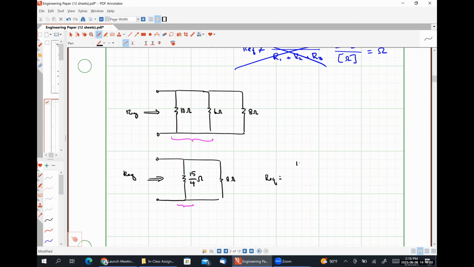is going to be 15 over 4 times 8 over 15 over 4 plus 8.